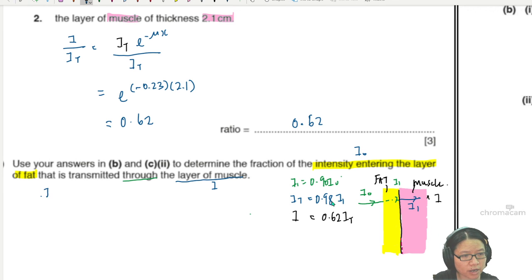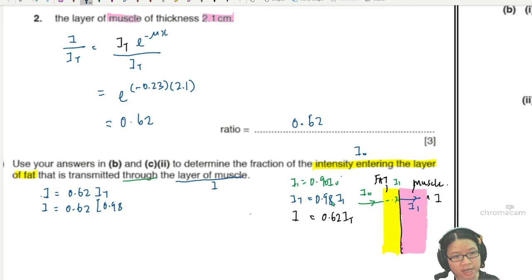So I is equal to 0.62 IT, and IT is 0.98 I1, and I1 is 0.90 I0.